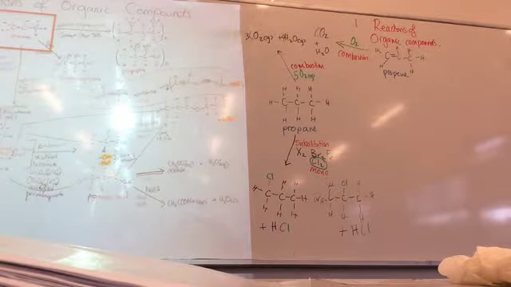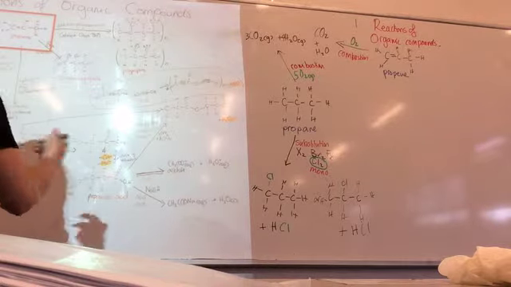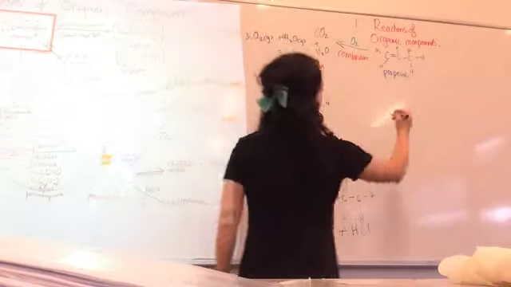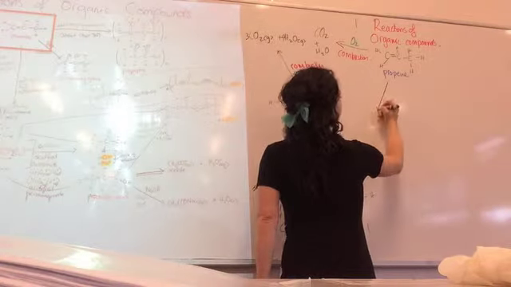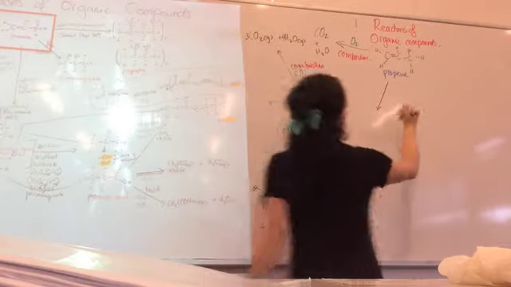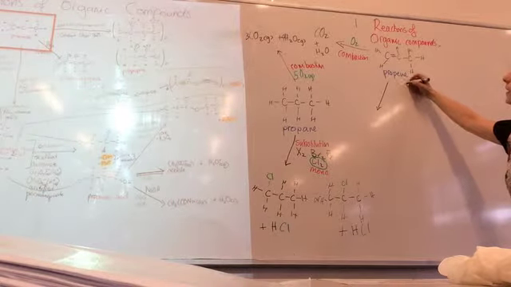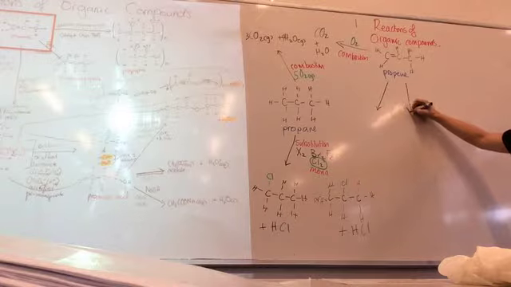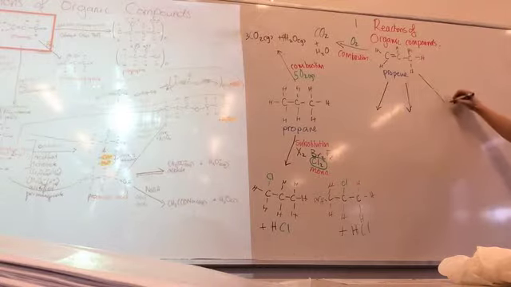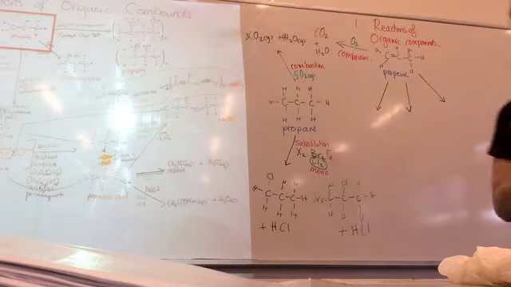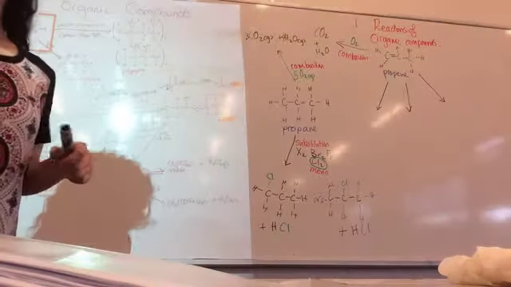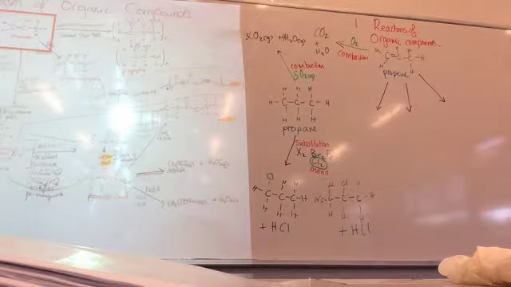It can also undergo a lot of different types of addition reactions. Let's say that we add, I'm going to do that one there, that's HCl, H2O. Okay. Where is my green?